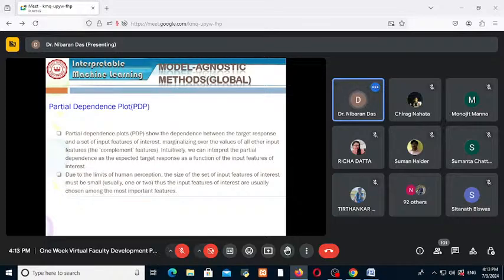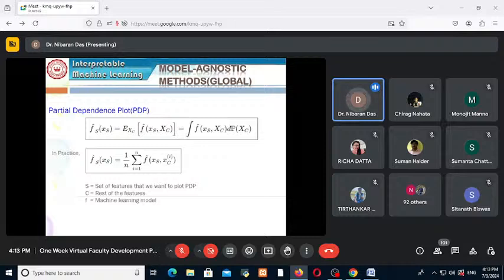So the partial dependence is f_S(x_S), the expectation over x_C of f(x_S, x_C). Here x_S is the set of features for which we want to plot the PDP. These are normally 1 or 2 in general, because higher numbers of features could not be plotted; 3 dimensions or more requires more.